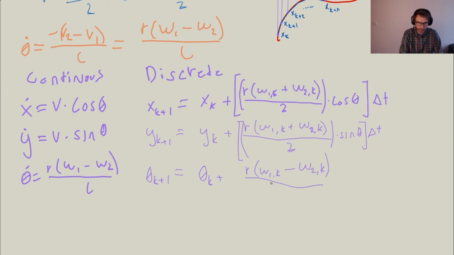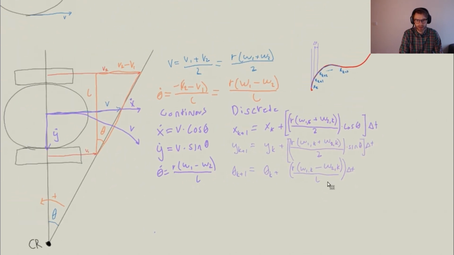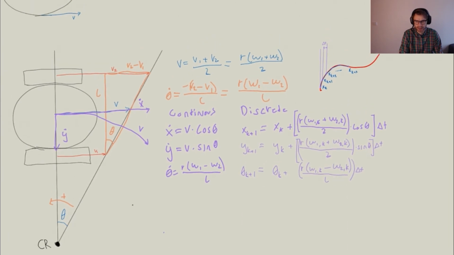And now remember that this is not divided by 2, this is divided by the wheel space L. Again, we have brackets, but that's it. This is then multiplied with delta t. I know that there's quite a lot to take in all of this, but I hope this clears up some of the confusion you might have from the lecture slides.